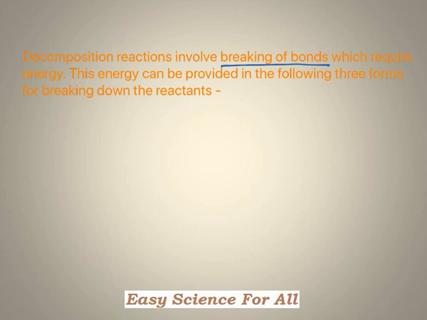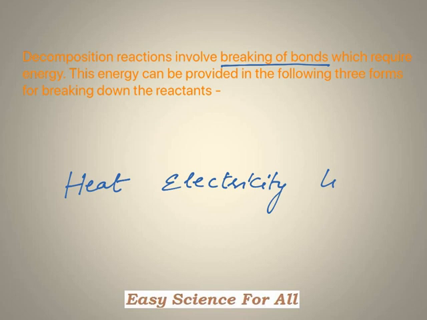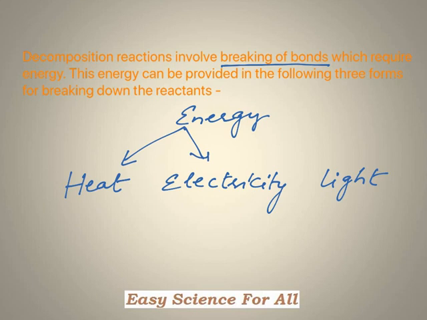Now, these three forms are, it can be in the form of heat, electricity, or it can be in the form of light. So energy can be provided during a chemical reaction in these three forms, and this will result in the decomposition of the reactant.